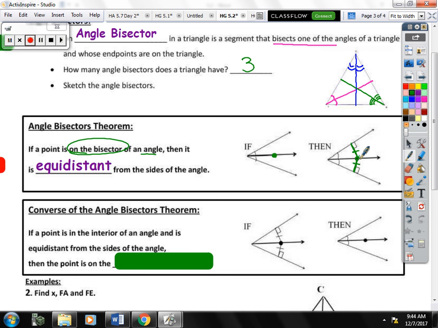Remember, distances are shown usually with a perpendicular segment to that line. The converse theorem says, if a point is in the interior of an angle and it is equidistant from the sides, then it must be on the angle bisector. So then, if this is occurring, you can conclude this has to be an angle bisector.